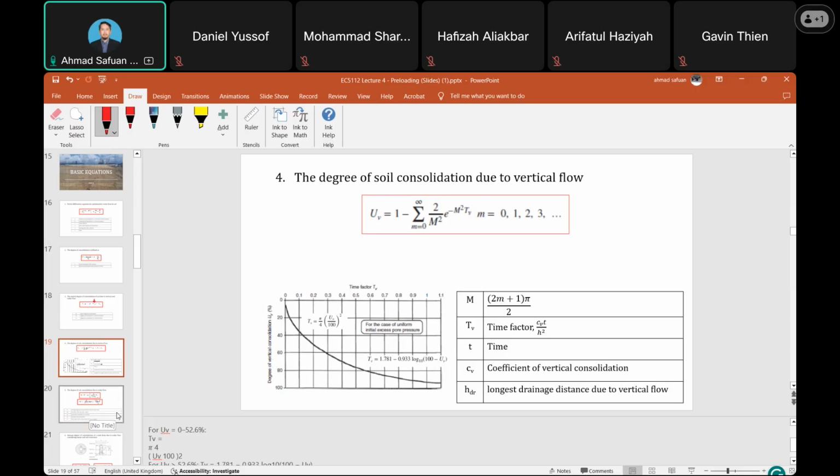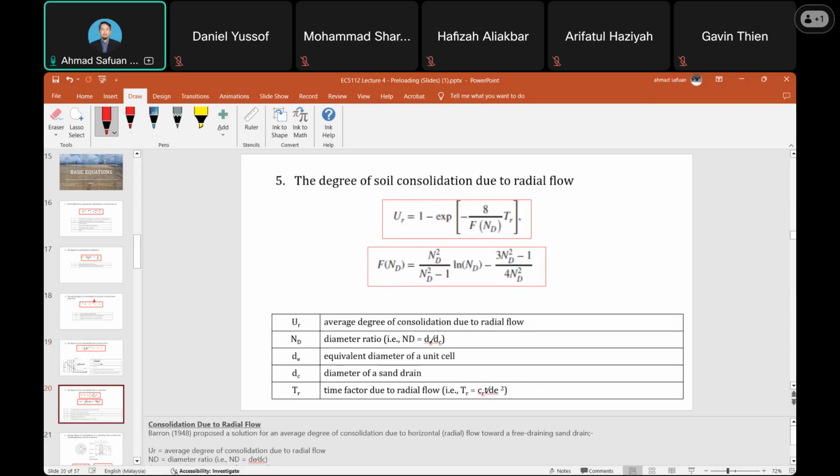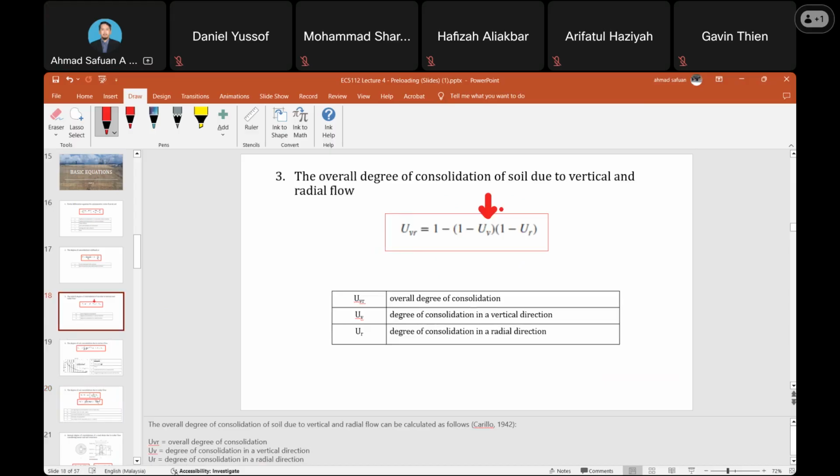Now we look at the UR. We may use this equation to determine the UR, because our last aim is to get the UVR.